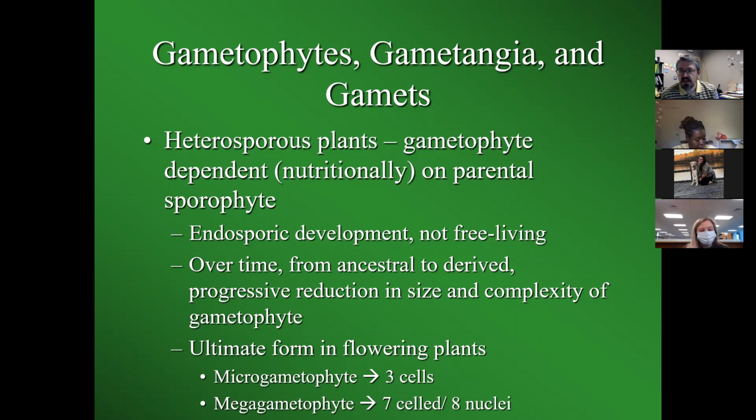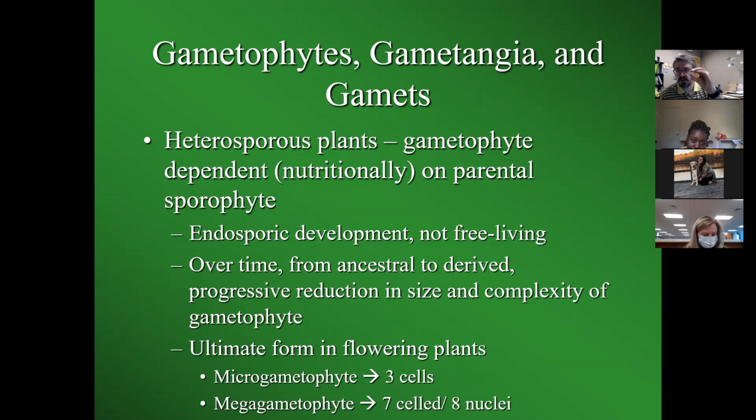Heterosporous plants, on the other hand, are gametophyte dependent, especially nutritionally, on the parental sporophyte. So you see what's called endosporic development. It's not free living. Over time, we see a continual progression of change in size of the gametophyte.